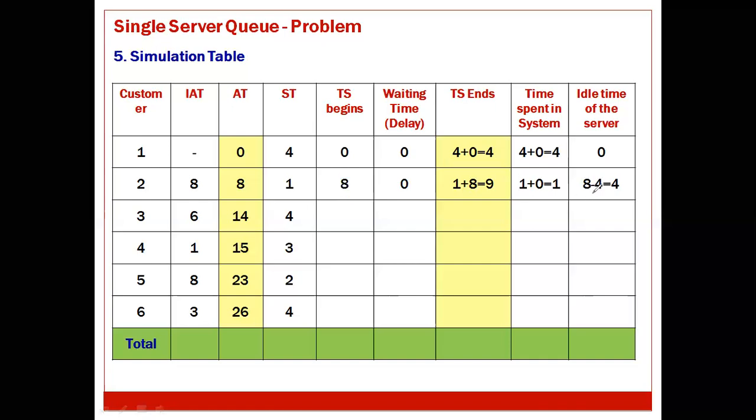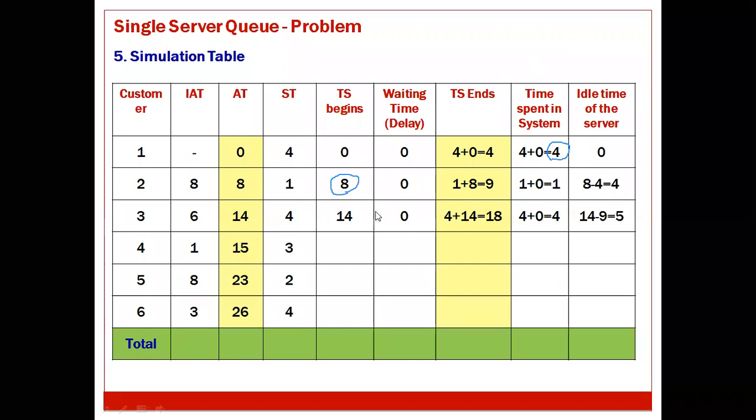In this particular row, for this particular customer, the time service begins at 8. What was the time service end of the previous customer? That is 4. So 8 minus 4 will be the idle time, which is 4. Then we will move on with the next customer.